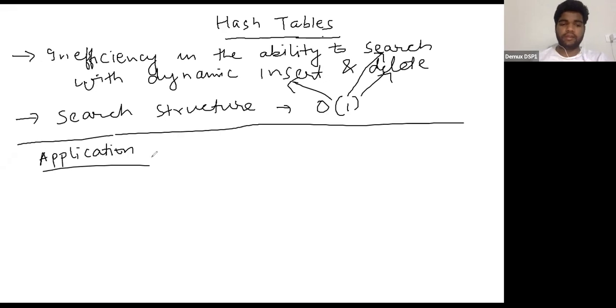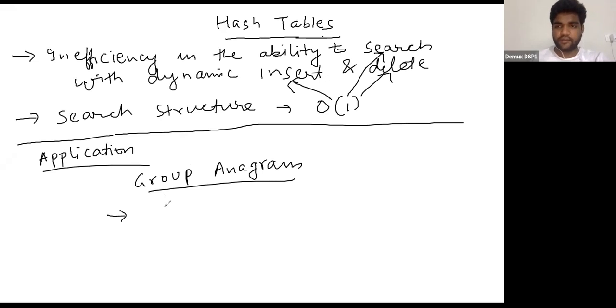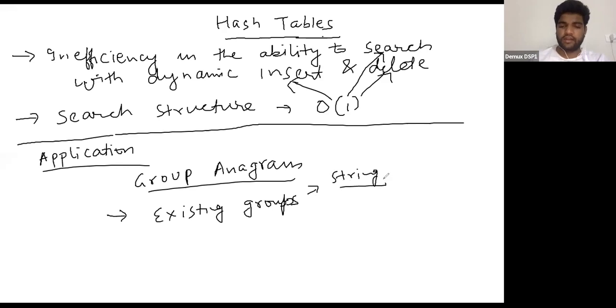We looked at the question of grouping anagrams together, and there the actual search problem is that at any moment we need to search within the existing groups. We have some groups already created, and we want to search whether the current string will fall in one of those groups, or whether we need to create another group for it. That is the dynamic nature of searching in this kind of question.